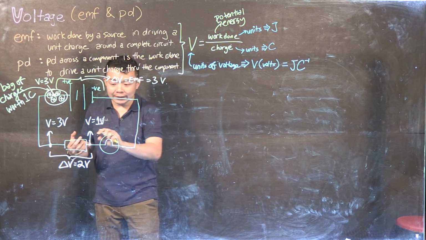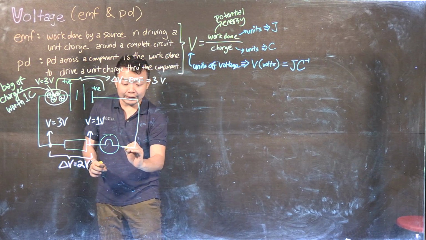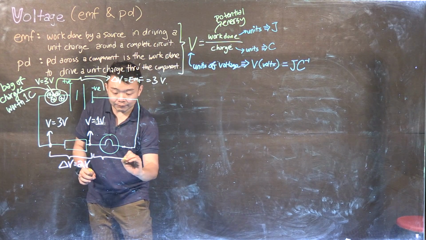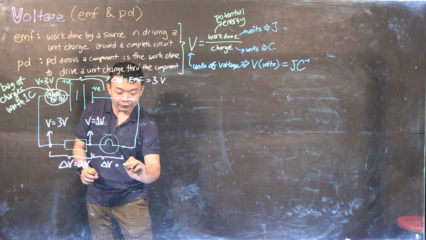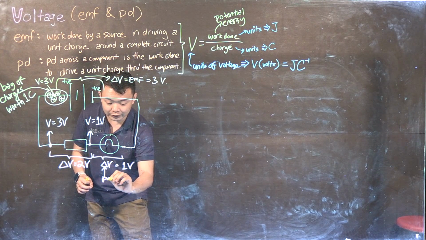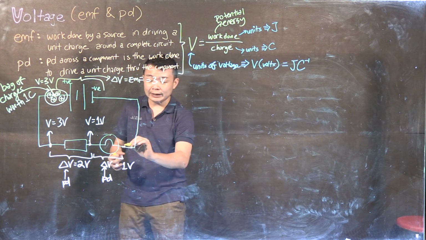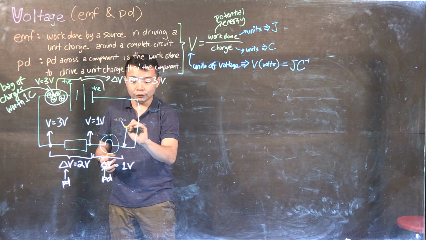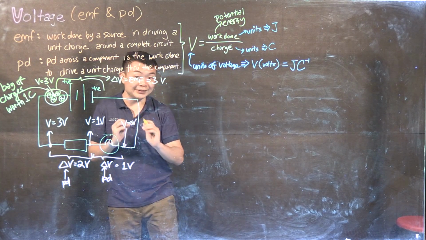And same thing happens, the charges will move across the next component, and say over here, the potential difference is 1 volt. And this one over here is potential difference. This one over here is also potential difference. This means that at this point, the voltage of that bag of charges will become 0 volts.